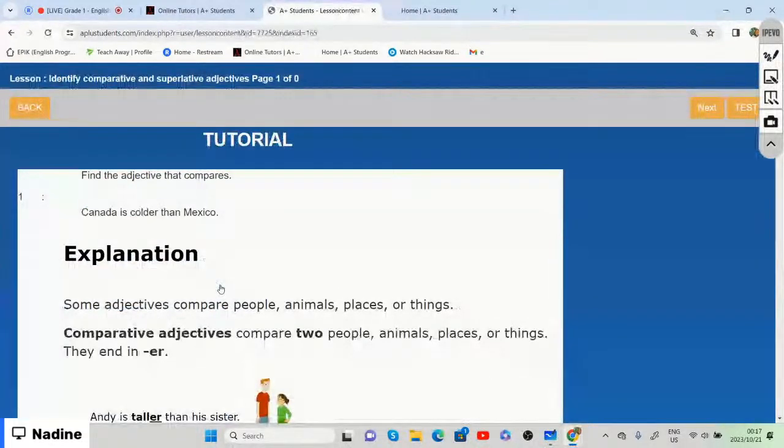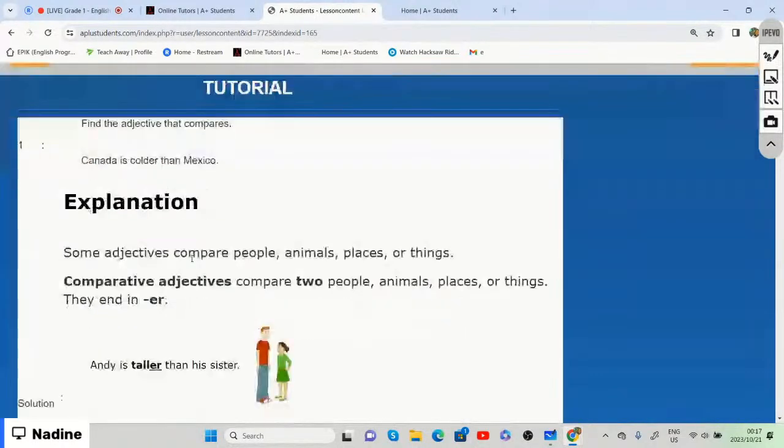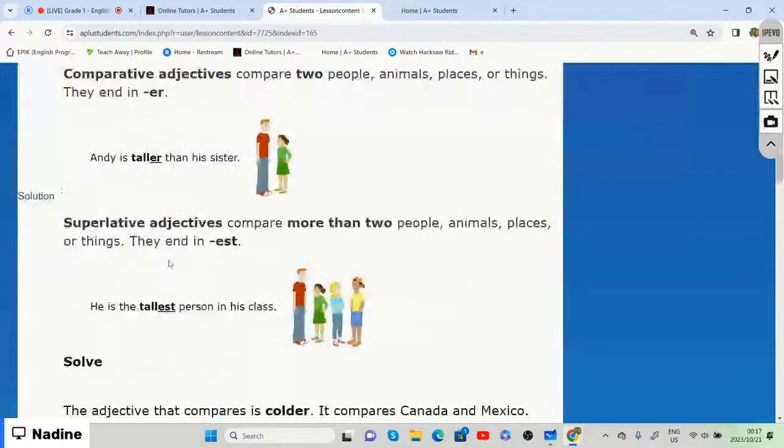We said some adjectives compare people, animals, places, or things, whereas a comparative adjective only compares two people, animals, places, or things, and we say it ends in er. And a superlative adjective compares more than two people, animals, places, or things, and they end in est.